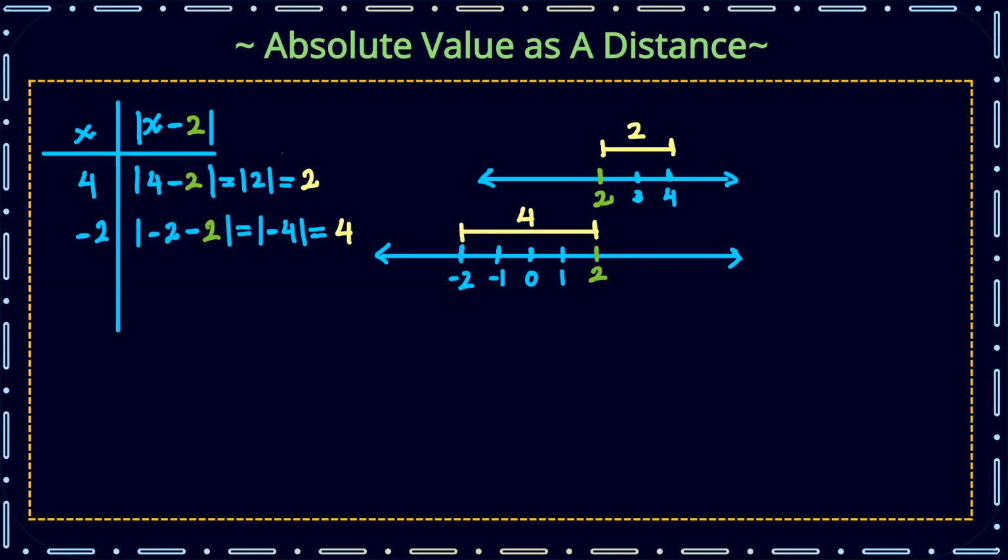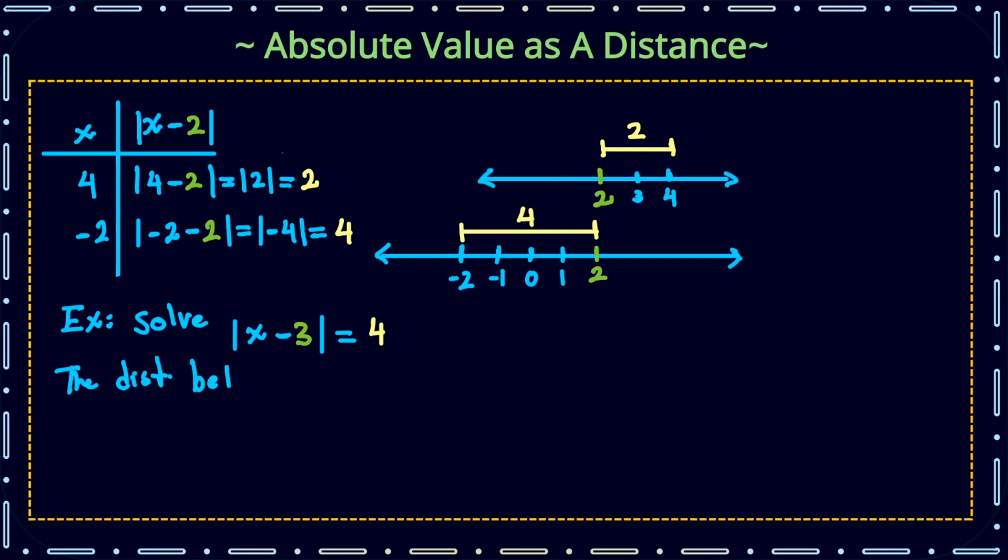Let's try to solve an equation according to this geometric interpretation, the absolute value, without attempting to recall any algebraic rules. This is going to read as the distance between x, where x is the unknown, and you can think of the center as 3. The distance between x and 3 is 4.